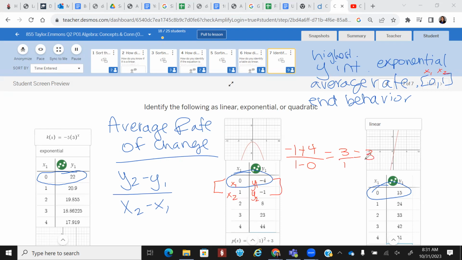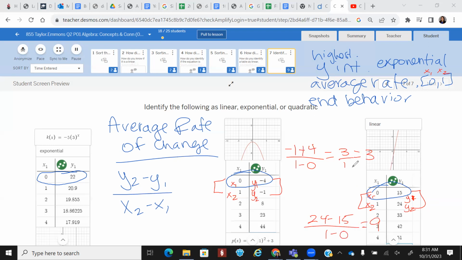I'm going to compare that with the other functions. So for instance, right here, if we go from 0 to 1, we're going to set this up the same way. So this will give me 24 minus 15 over 1 minus 0. So that'll give me 9.